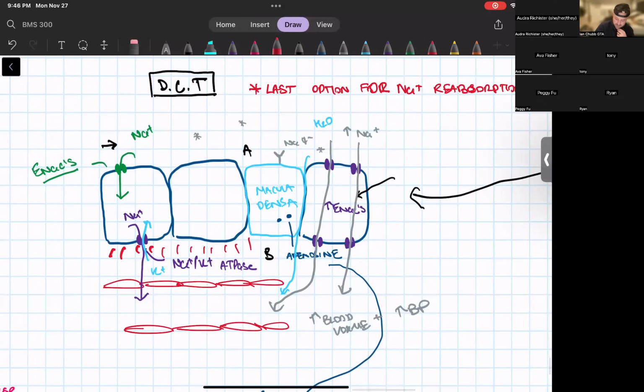So we have specific cells called macula densa cells. These macula densa cells actually have a sensor on them that senses sodium chloride concentrations.